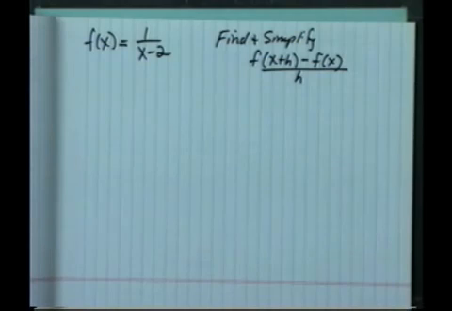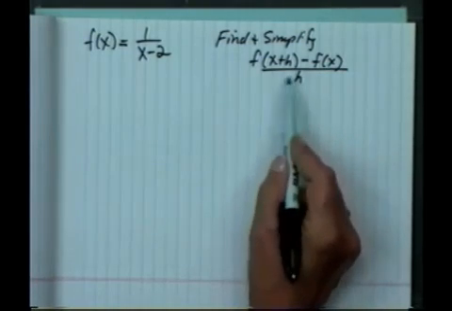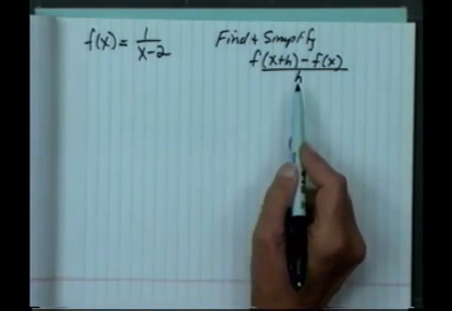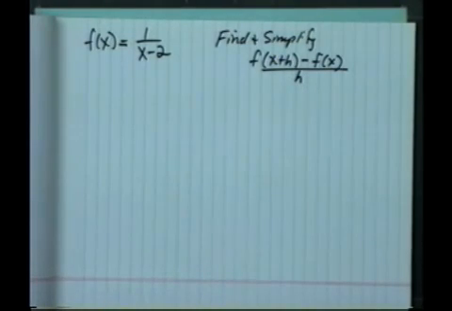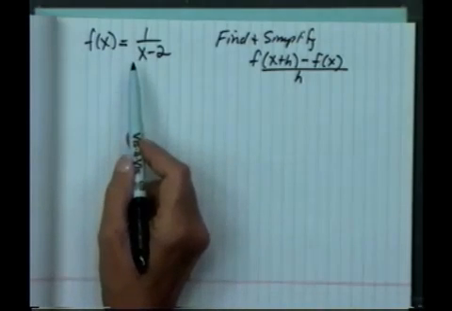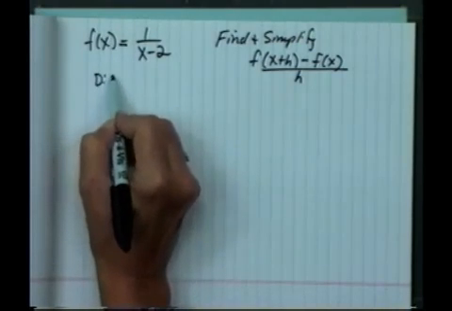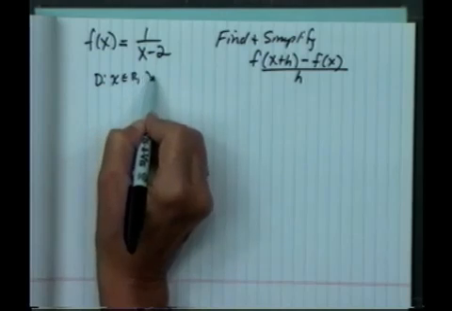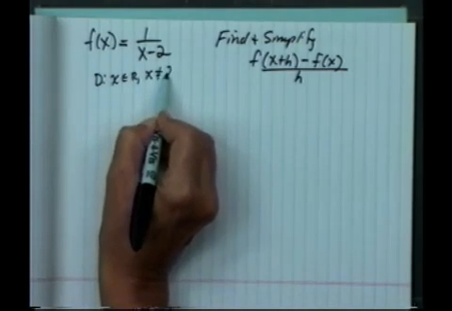All right, that's called, everybody say it. What's this thing called? Difference quotient. Okay. By the way, what's the domain for this function right here? The domain: all real numbers except for 2. All right, the domain is x is all real numbers, but x can never be equal to positive 2.